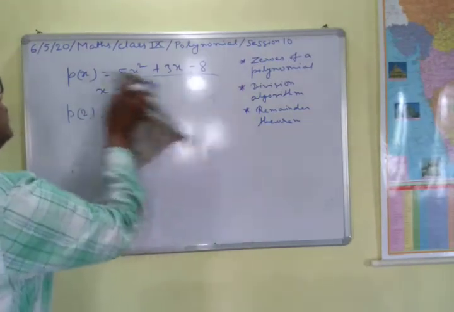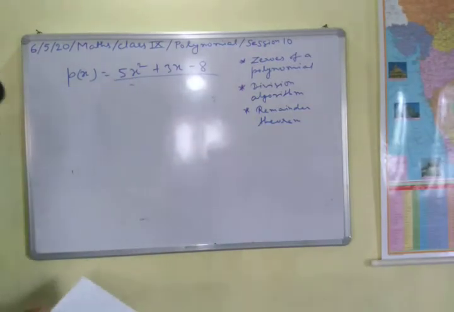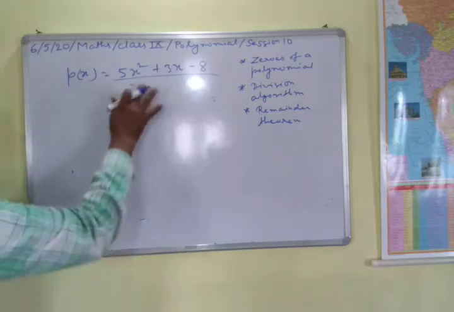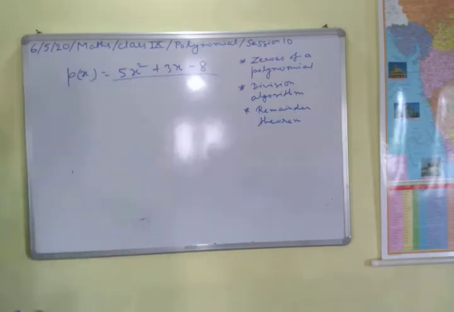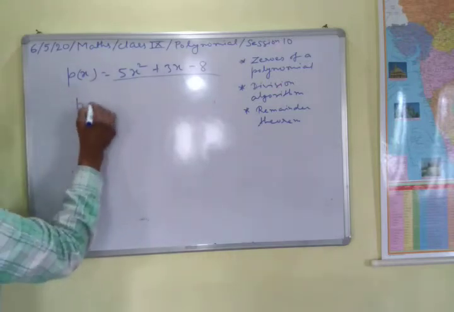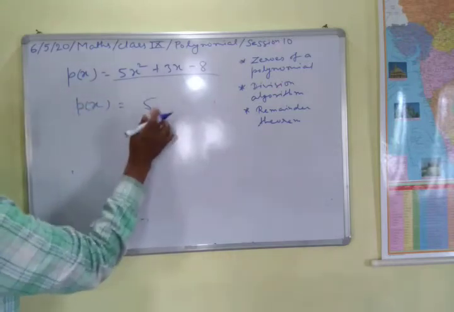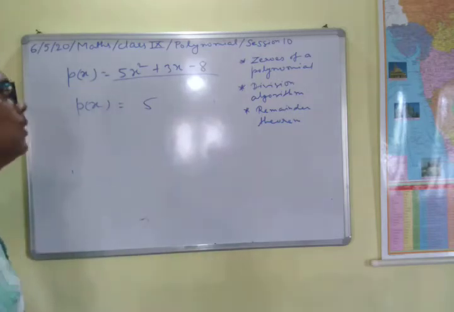And next, what is the zero of a constant polynomial? Suppose p(x) equal to 5. This is also an example of a polynomial. Then what is the zero of this polynomial?